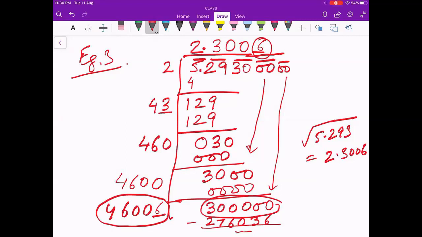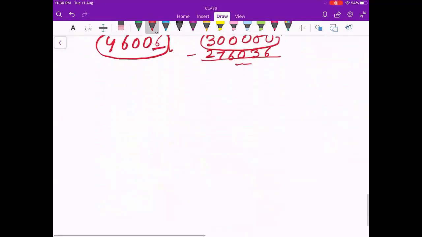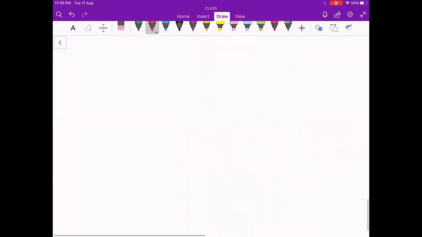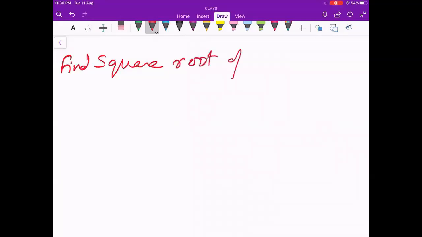You can practice them yourself. Okay, let's move to the next page. I will give you an exercise. Write down. You have to find square root. This is a practice exercise for you. Find square root of: the first number is 2.56.